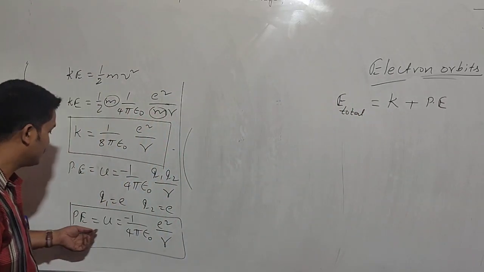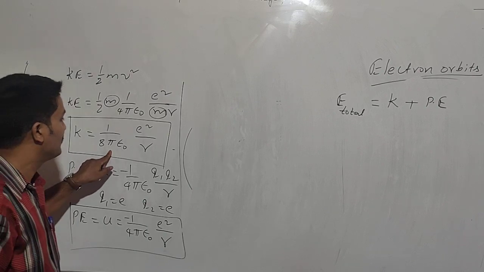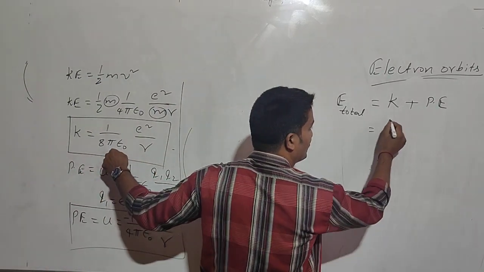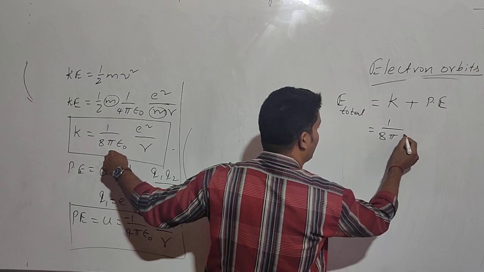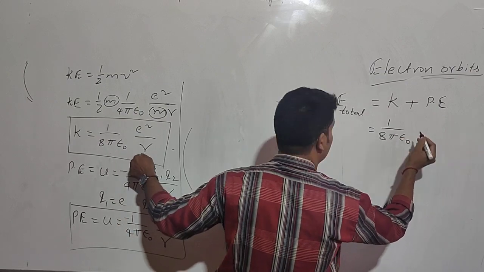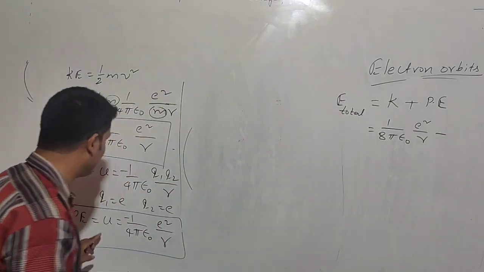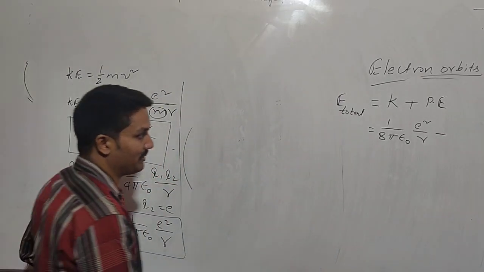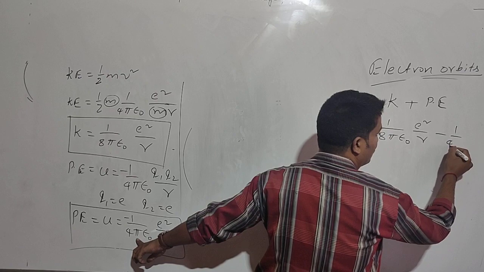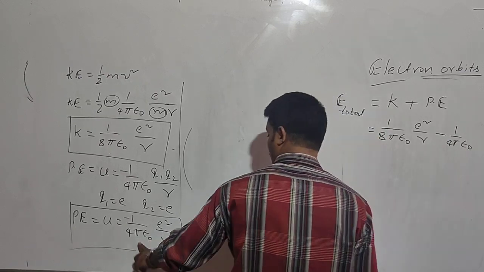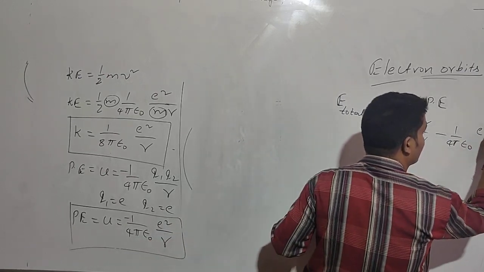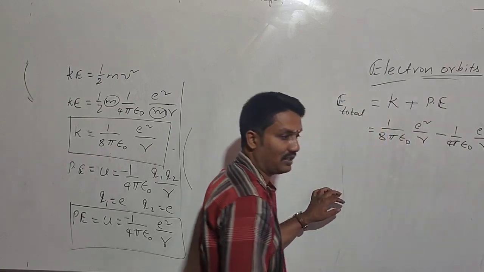Taking the kinetic energy 1 by 8 pi epsilon naught e square by r, and the potential energy minus 1 by 4 pi epsilon naught e square by r.